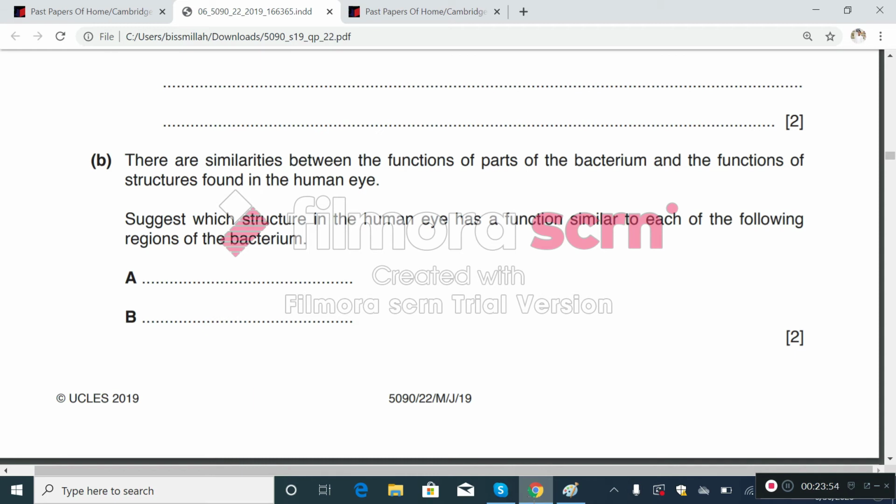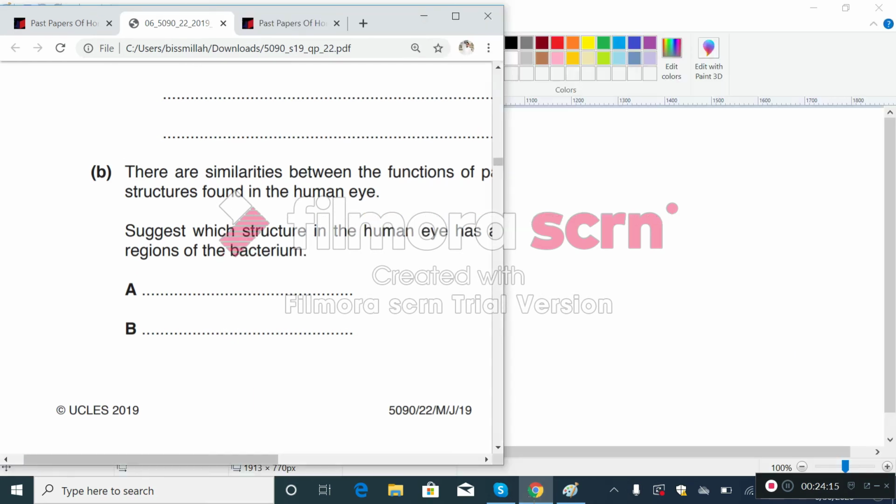We have rods and cones. They are the sensory cells. They absorb light and give us image. So now we have to link it with those receptor cells present in the eye of human beings. So let's answer this question.